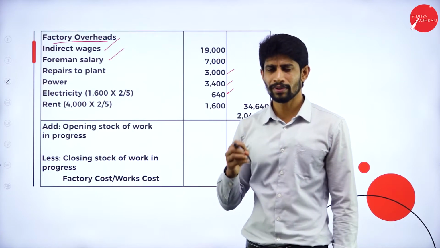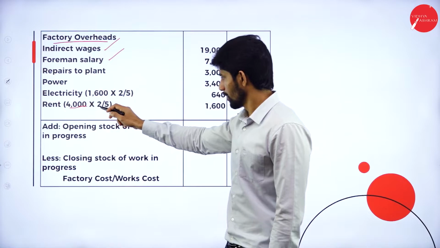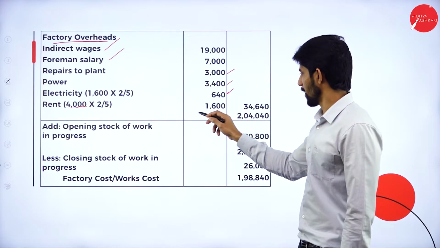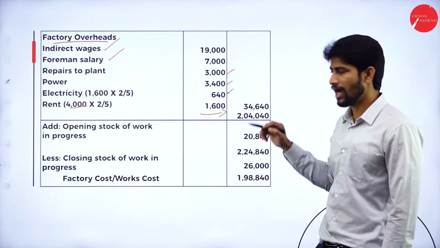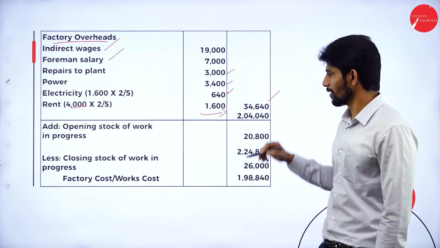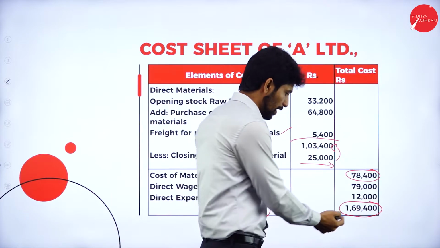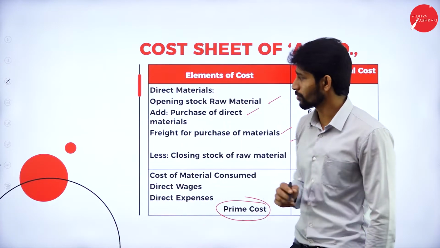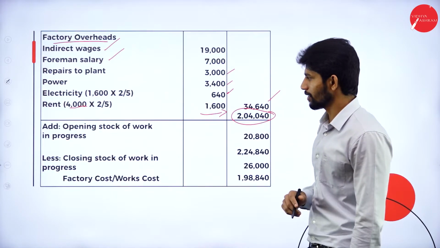Rent also should be divided in the same ratio. So total rent is 4,000 into 2/5, you will get 1,600. So total factory overhead comes to 34,640. So add this 34,640 with 1,69,400 rupees of prime cost. So how much will you get? You will get 2,04,040.